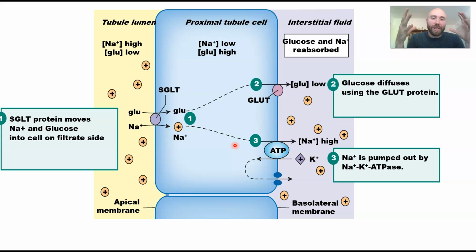Now, counter to our conversation of filtration, which had to do with pressure, you'll notice that everything happening here needs channel proteins, for the most part. Not water, but things like charged ions, things like glucose, and other molecules are going to need channel proteins to move them across that cell barrier because they're big and charged.